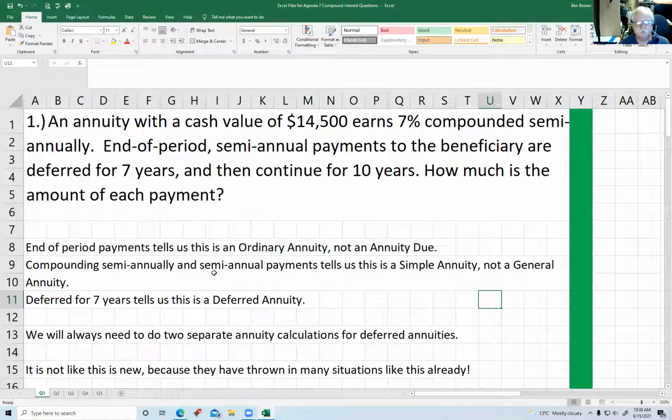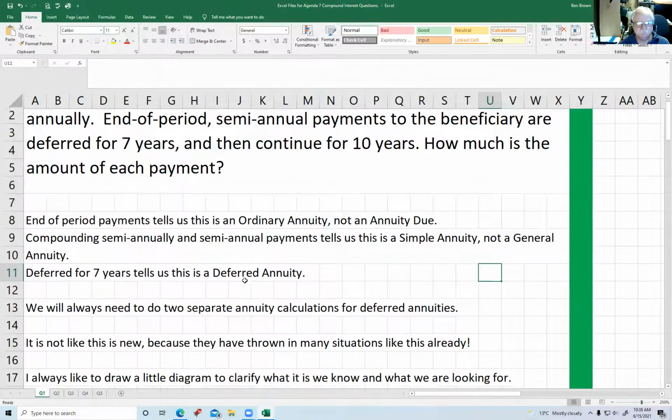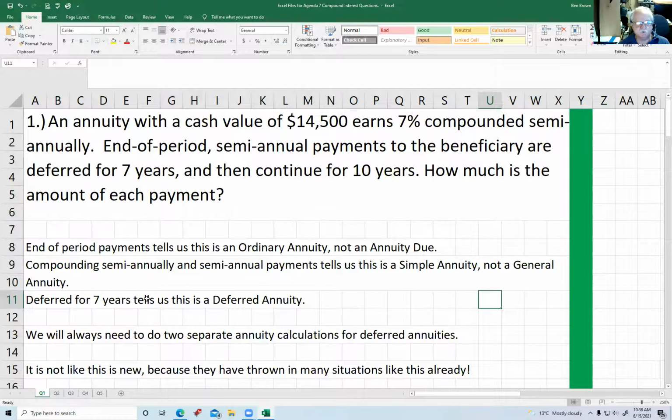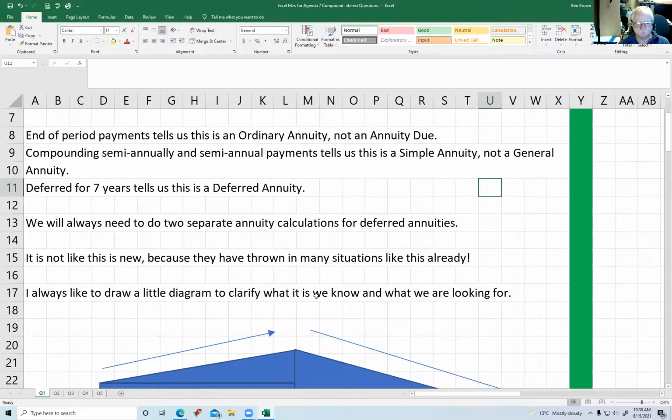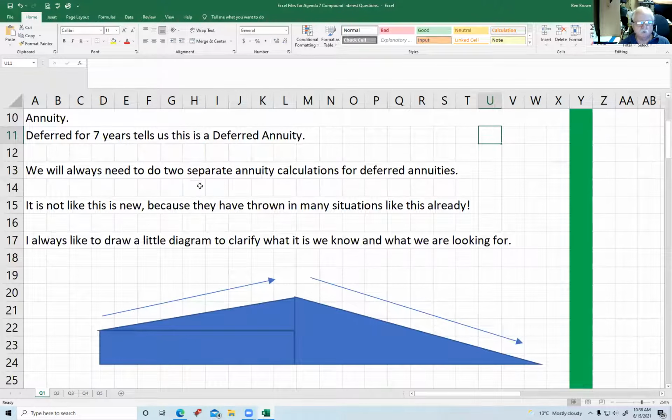Compounding semi-annually and semi-annual payments tells us this is a simple annuity, not a general annuity. But the deferred for 7 years tells us this is a deferred annuity. So we will always need to do two separate calculations for deferred annuities. And it's not like this is all that new, because in some of the questions you've already done, they've already done questions like this just to be annoying.